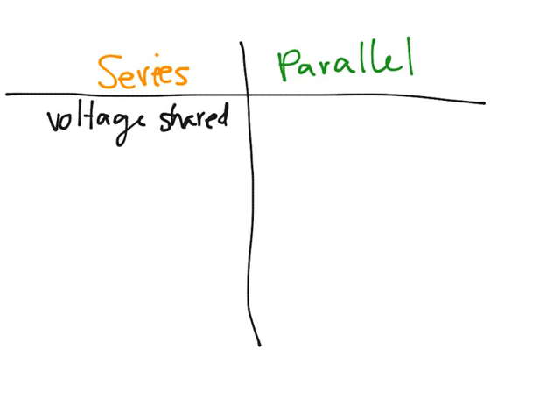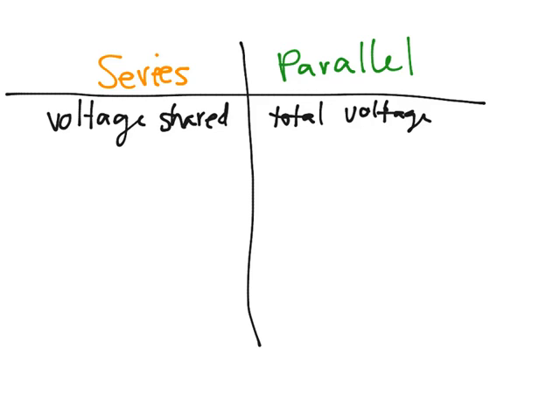In parallel, as long as there's nothing else going on there, it gets the total voltage for the loop if they are only in parallel. I didn't realize I wrote voltage twice.